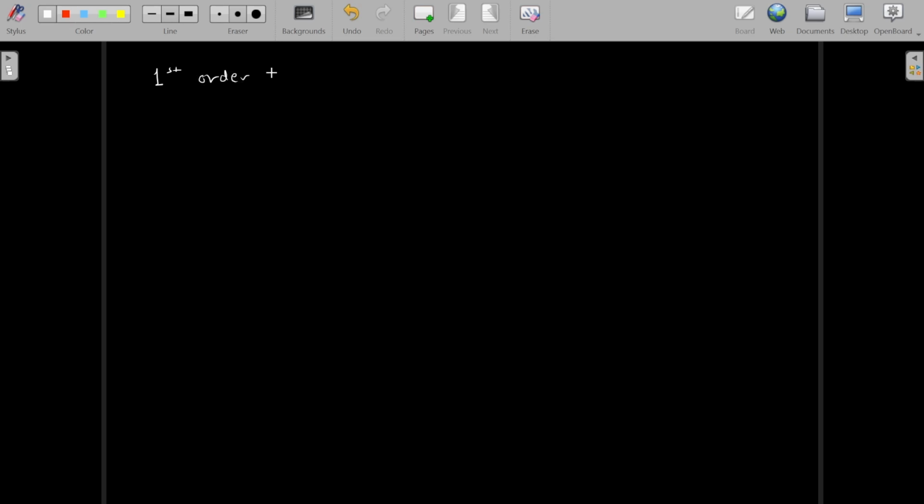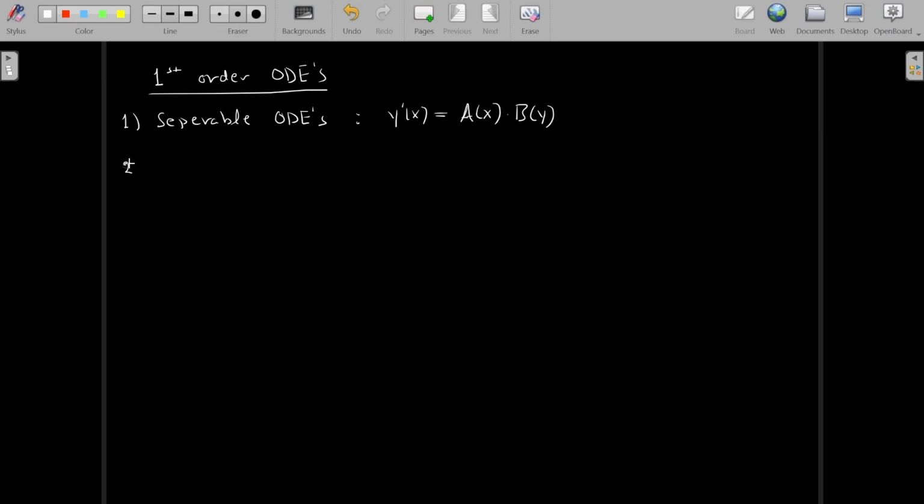First, we're going to examine first order O.D.Es, starting with separable O.D.Es, which is the simplest form of differential equations, having the form y prime equal to a function of x times another function of y, and this can be separated and solved.